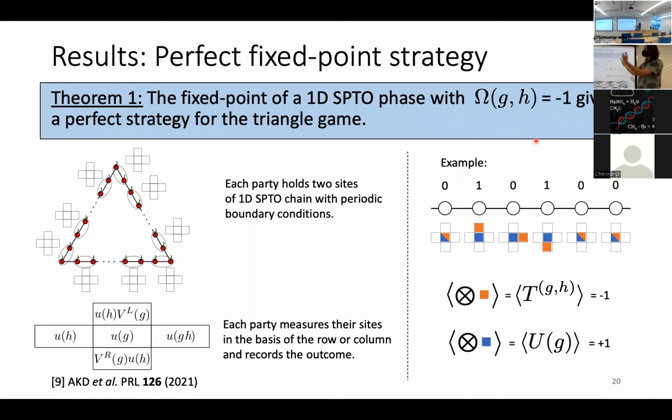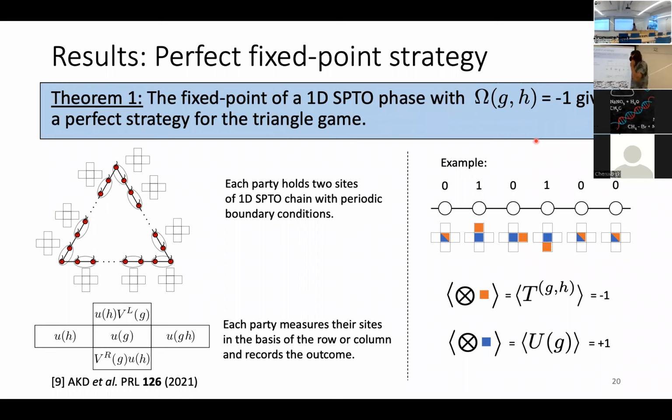And we can see that this strategy is perfect by just playing the same game that we played a few slides back when we were considering the cluster state strategy for the triangle game. By replacing all of those linear constraints, that the sum mod 2 of all of the entries in the blue boxes is equal to 0, with operator equations, namely the tensor product of all of the operators inferred by the measurement here, we just get a global symmetry transformation, which has eigenvalue +1.